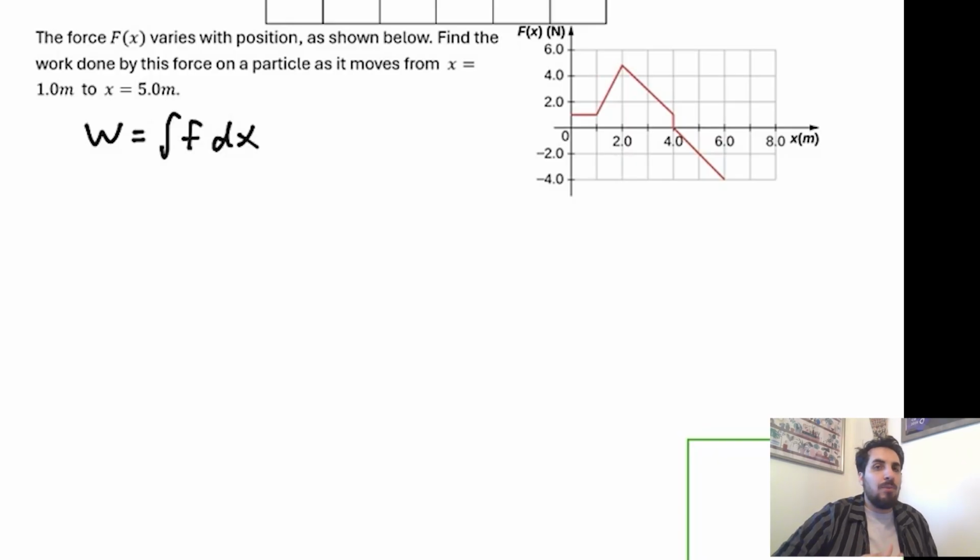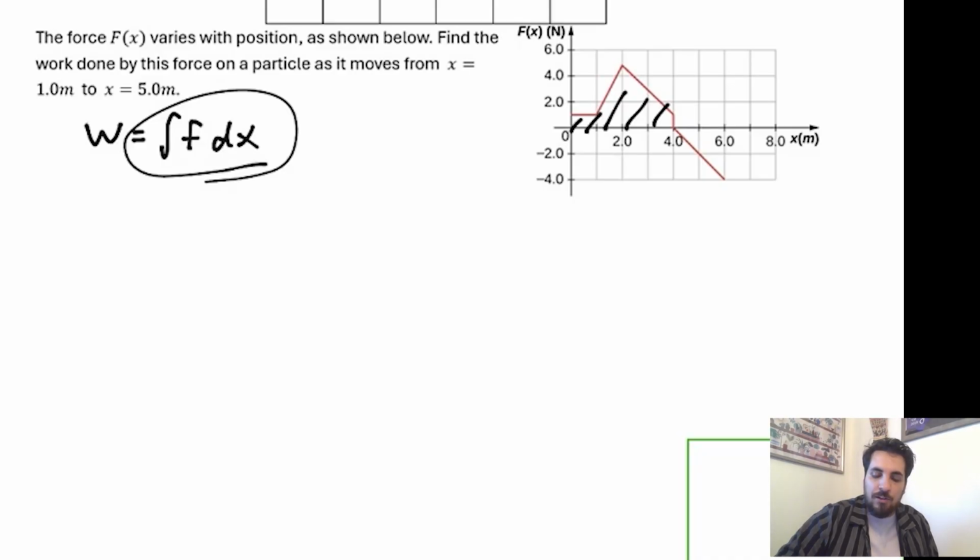And why is that important? Well, the integral of force dx just is equal to the area under the curve of force and displacement. So you find the area under the curve and you have the work done on this object.